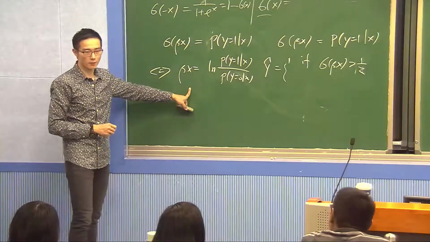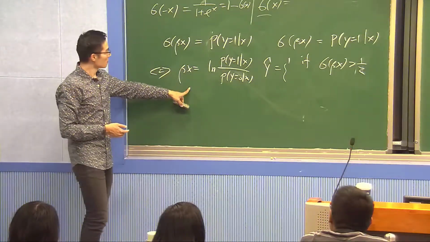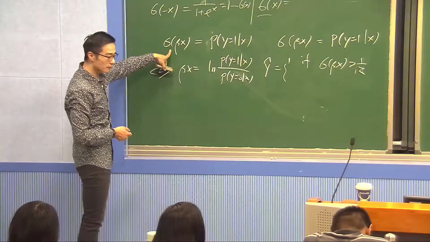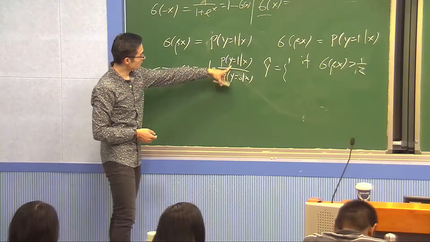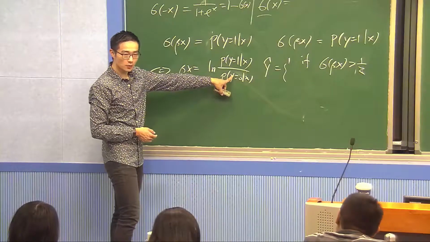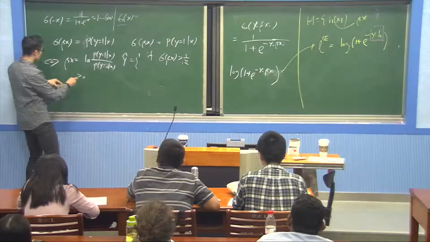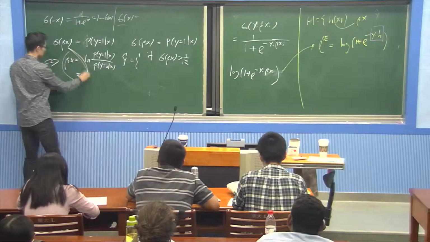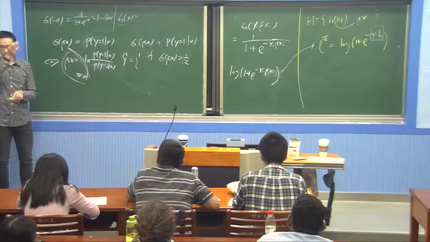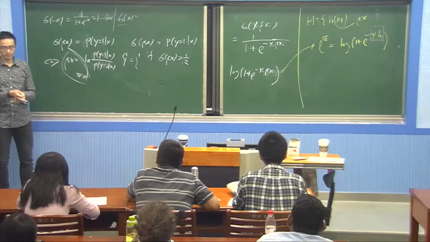I hope people remember this from last time. Which means that if this is larger than 1/2, then this ratio should be larger than 1, which means take a log, then this should be larger than 0. In other words, beta x equal to 0 is our decision boundary for logistic regression.